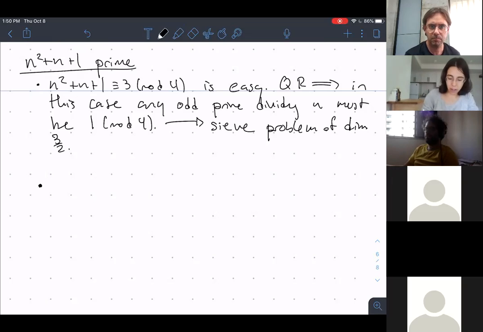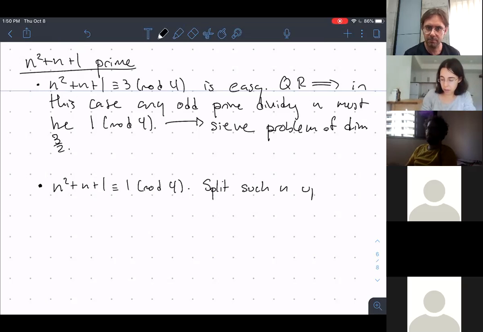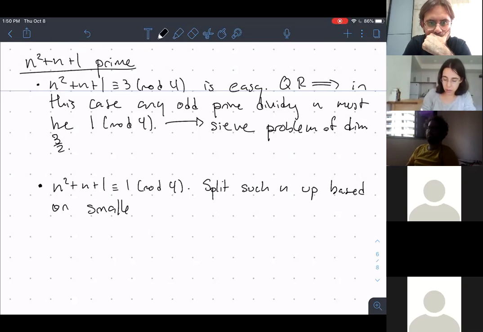So now we're finally in the hardest case, when n squared plus n plus 1 is 1 mod 4. So the idea is, kind of like I mentioned for one of the cases when n squared plus n plus 1 is the product of 2 primes, we split such n up based on the smallest k prime factors of n, which we'll call p1 up to pk.